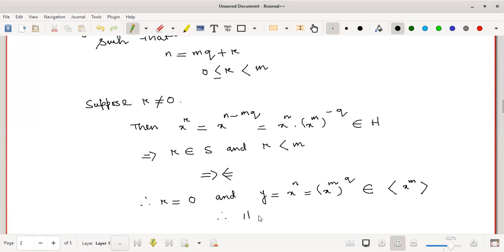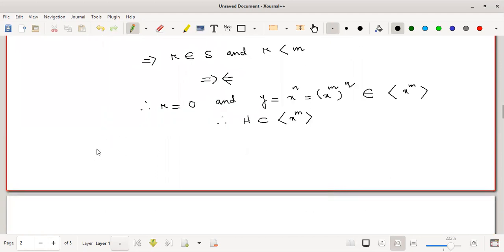Therefore, H is also a subset of the subgroup generated by x to the power m. Thus H is equal to the subgroup generated by x to the power m. Hence proved, H is cyclic. This proves the result. So every subgroup of a cyclic group is also a cyclic group. Okay, fine.